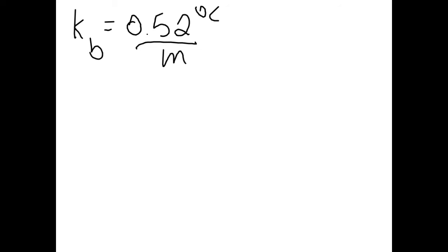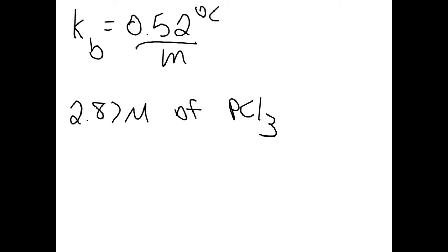The freezing constant is different than the boiling constant. Okay? So this is the Kb of water. The Kf of water was 1.84. The Kb of water is 0.52. You have a 2.87 molar solution of PCl3.